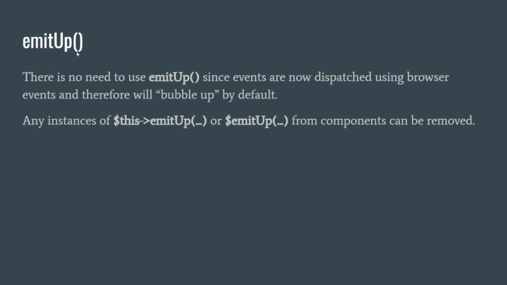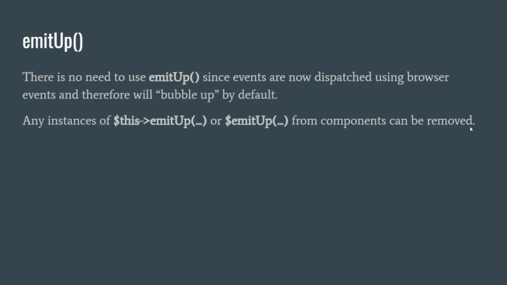Similarly, while using the emitUp method, there is no need to use emitUp now. What has changed is that the events are dispatched using browser events, and therefore they will bubble up by default. So bubbling up has been made default, so there is no need to use the emitUp method.